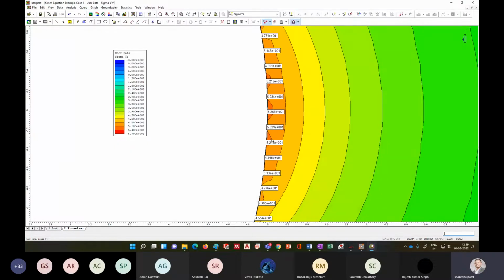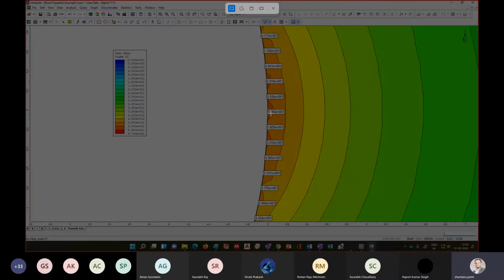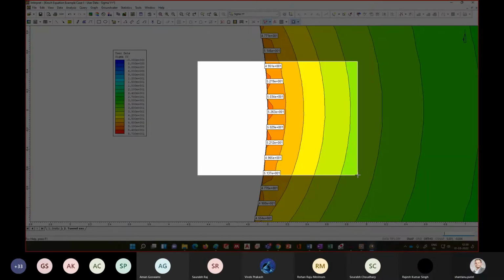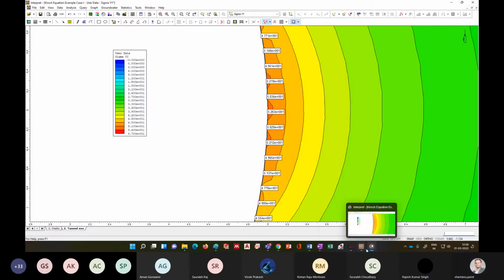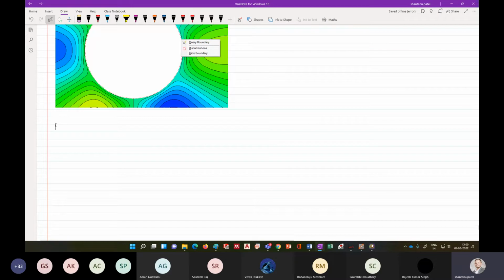Yeah, so see, at this point, which is our P1 point, the value is 52.63 times 10 to the power 1. So let me take this value and put it here.